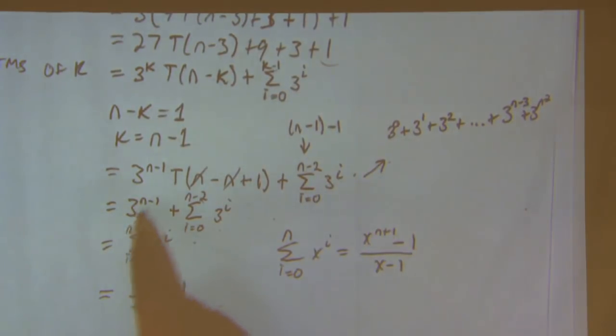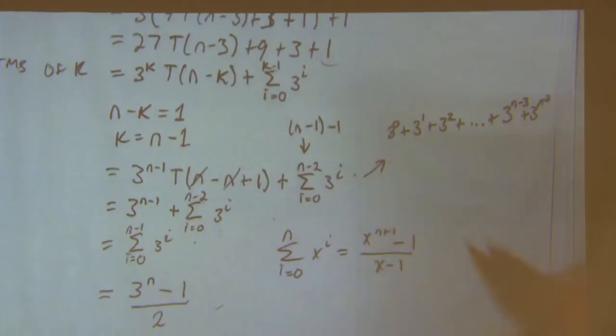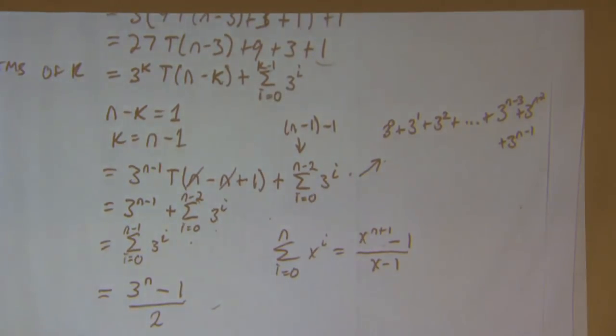And then we also just have this 3 to the n minus 1 term here, which if I add it on to the end, is still following the pattern, right? And so what I can do is I can just put that into the summation and change my index by 1. Okay. Yeah, and so that's what I did there. And it just made applying the formula a lot easier.